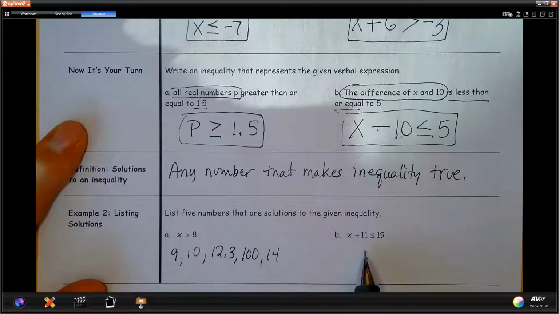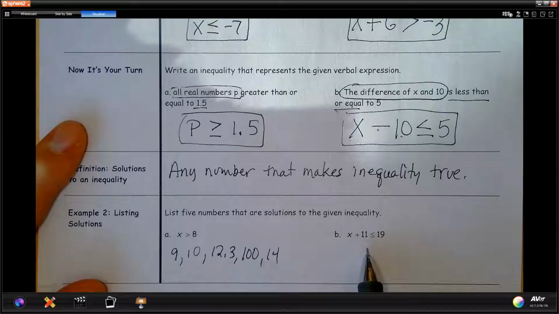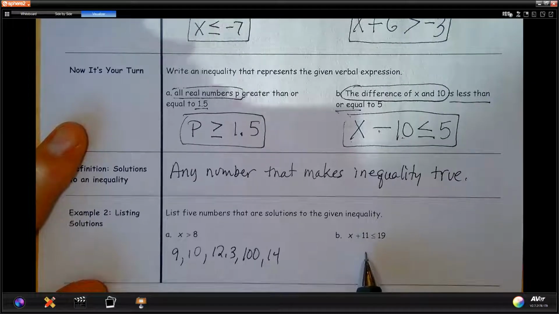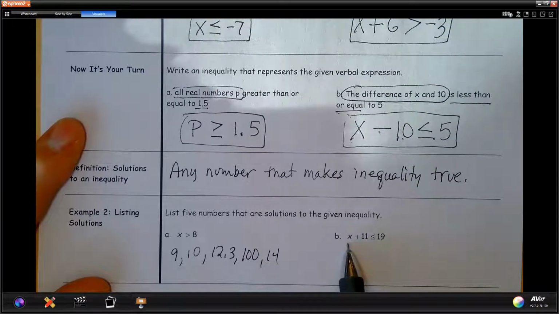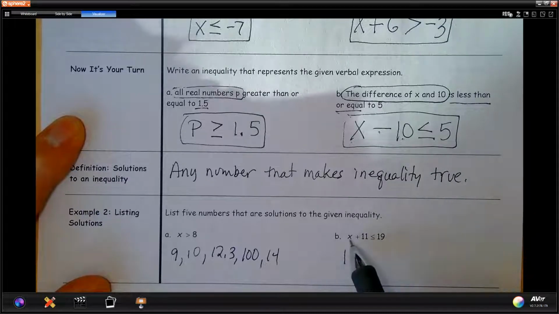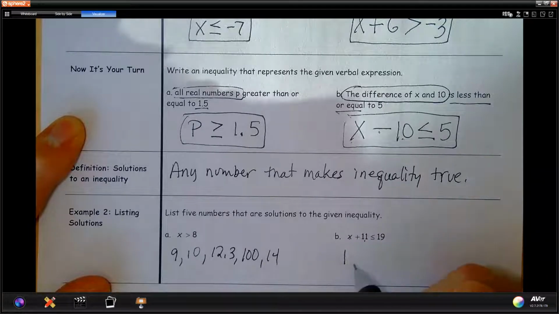Okay, the second one. Second one's a little more complicated, but not really. All you have to do is figure out what number added to 11 makes something less than or equal to 19. Well, if I add 1 to 11, 1 plus 11 is 12. Is that less than 19? Sure.